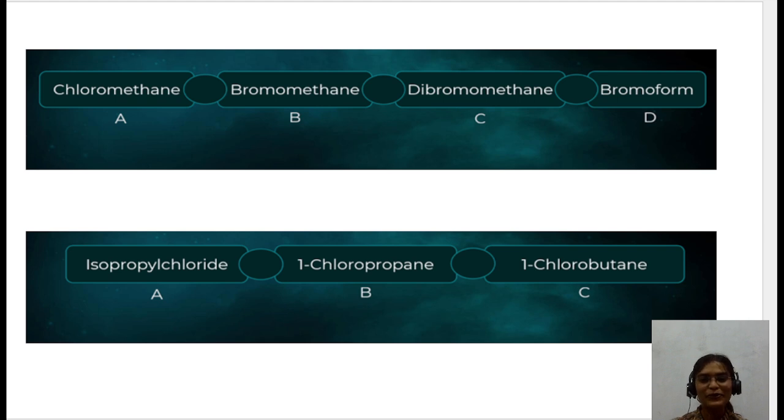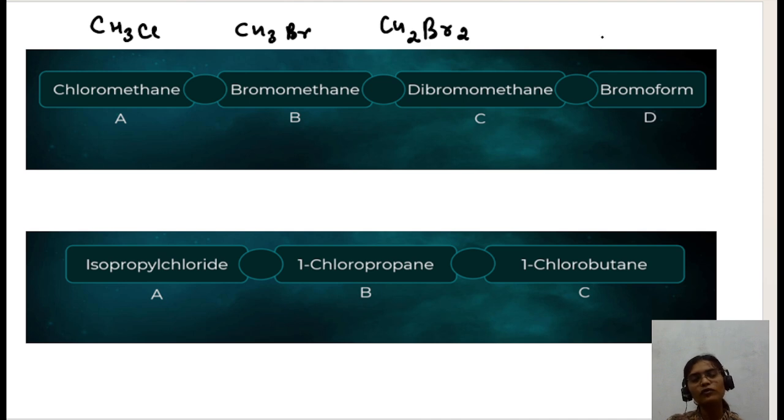Observe this. This is chloromethane, so we can write it as CH3Cl. Bromomethane is CH3Br. And dibromomethane, technically we're getting two times the bromine, it's CH2Br2. And bromoform, what is the meaning of bromoform?